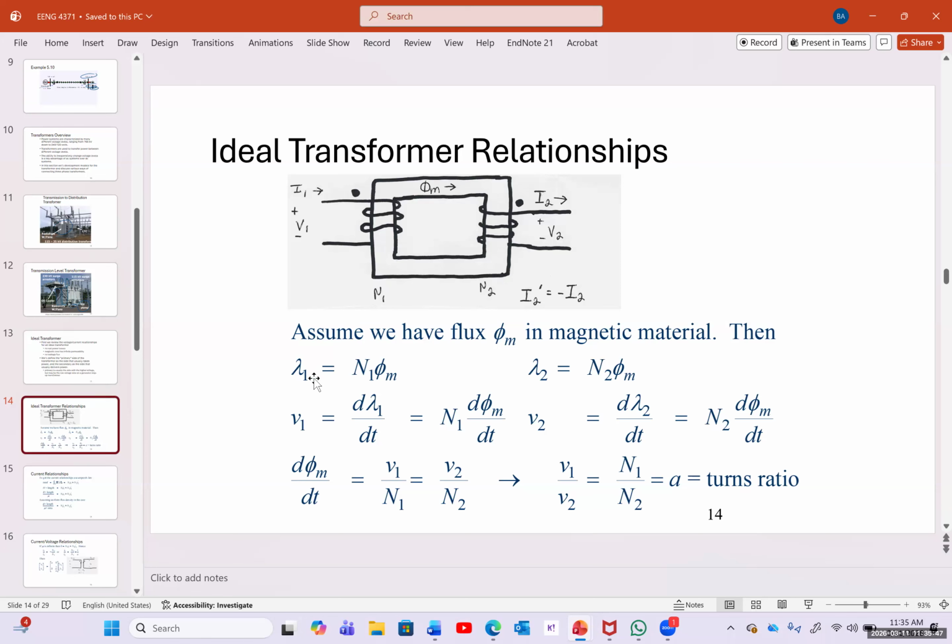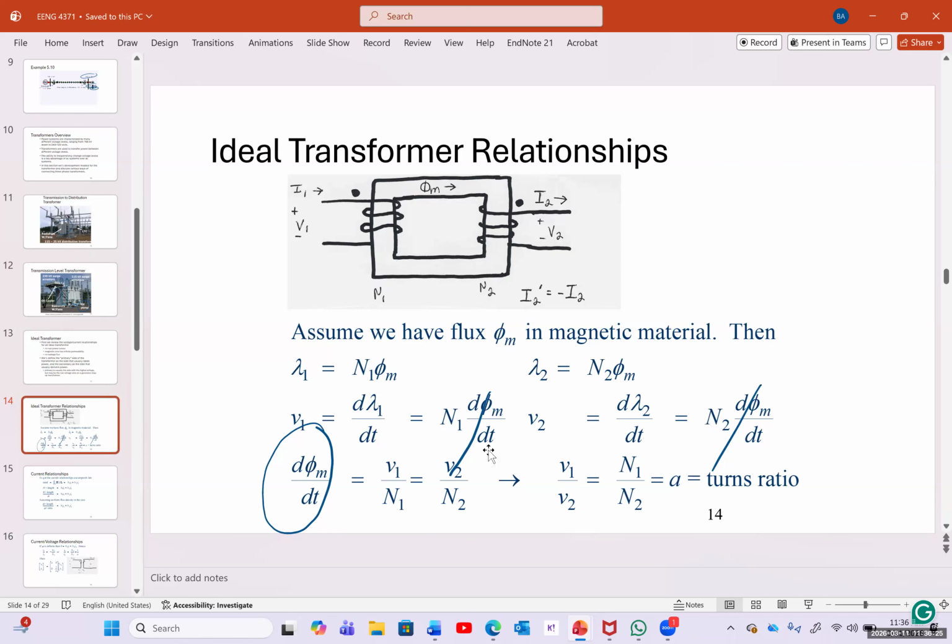Then lambda 1 would be equal to N1 phi m, which is the magnetic field created by that. And that goes through the core and translates to lambda 2, which is going to be N2 phi m. Again, phi m is shared because we have no loss. Now V1 would be d lambda 1 over dt, which is going to be N1 d phi m over dt, and V2 is going to be d lambda 2 over dt, which is N2 d phi m over dt. d phi and d phi, these two are equal to each other.